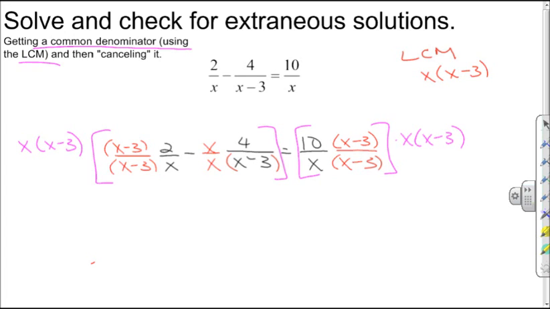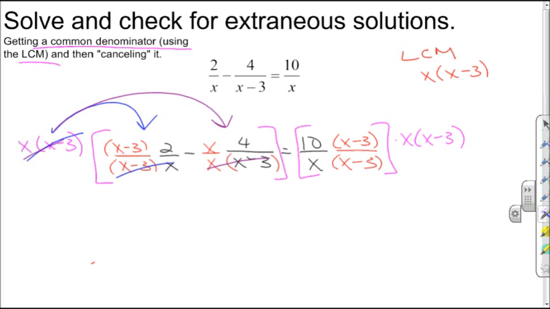Now, this is great, because I'm just going to be able to cancel the entire denominator here. Because when I take this and multiply it by this expression, it's going to cancel the denominators. And then when I multiply it by the second term, it's also going to cancel the denominators.